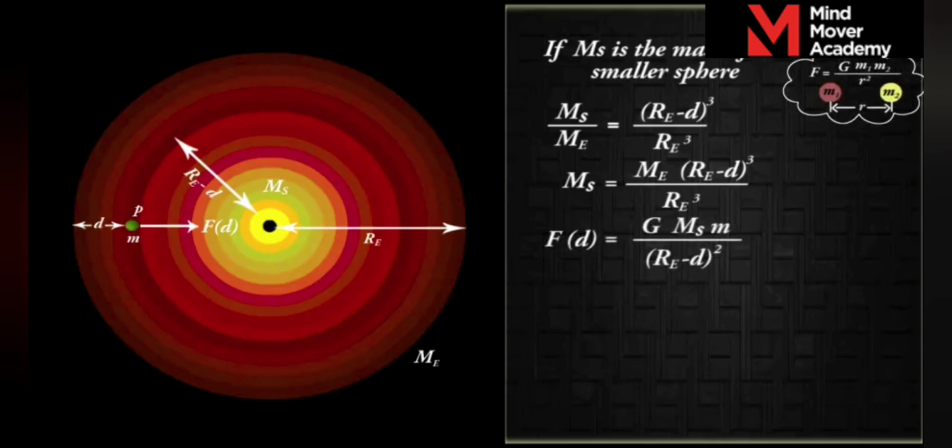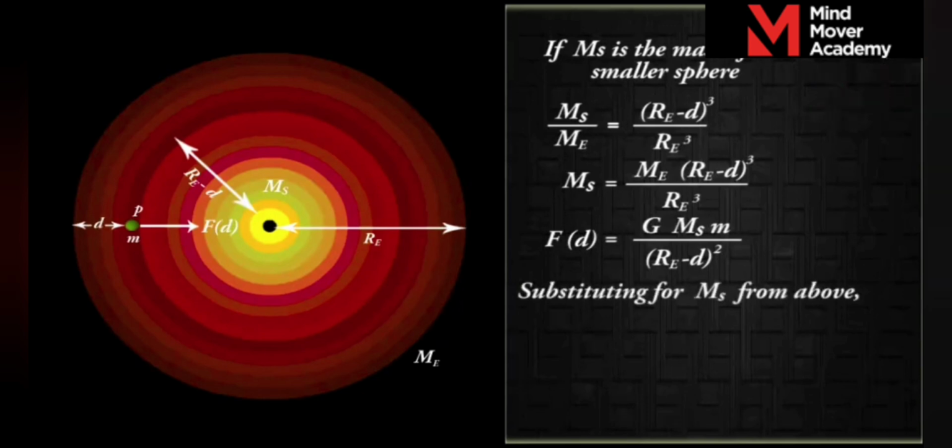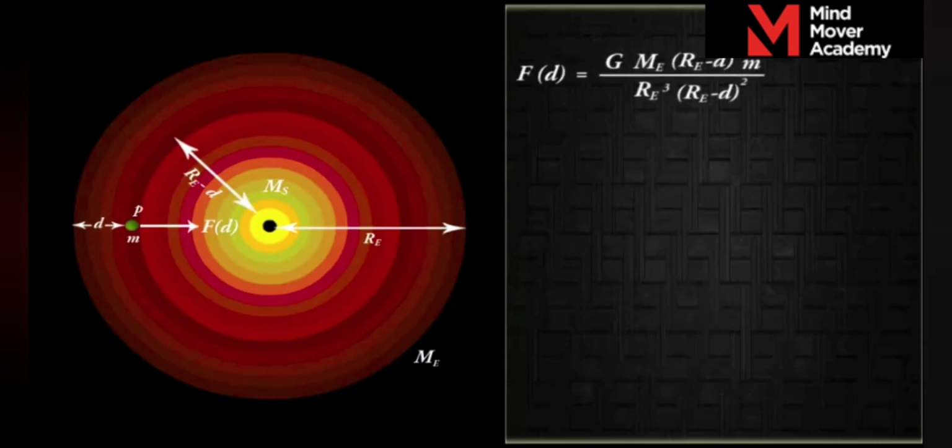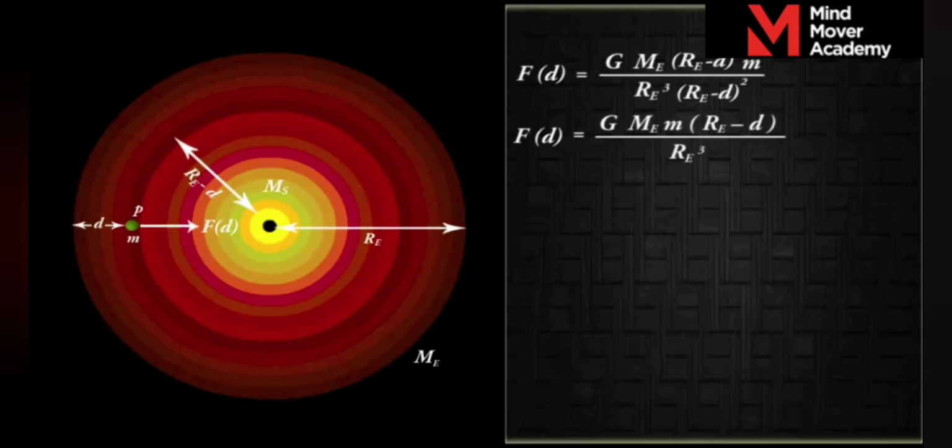Fd is equal to G Ms m upon Re minus d whole square. Substituting for Ms from above, we get Fd is equal to G Me into Re minus d whole cube m upon Re cube into Re minus d whole square. Fd is equal to G Me m into Re minus d upon Re cube.